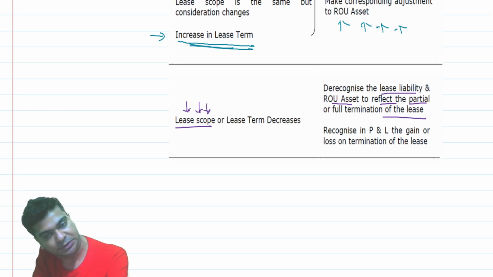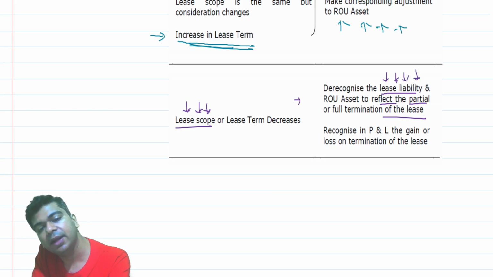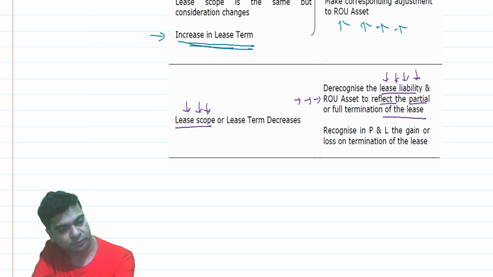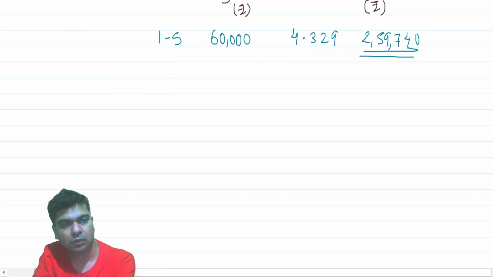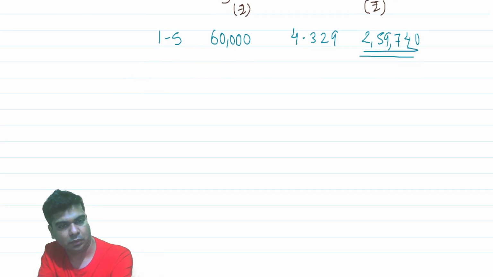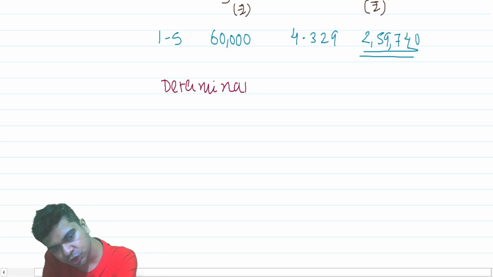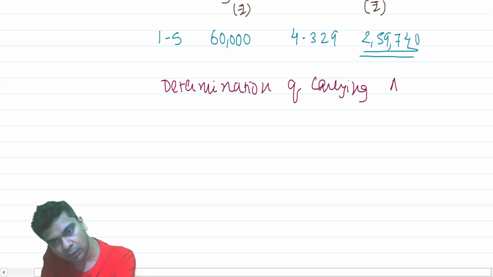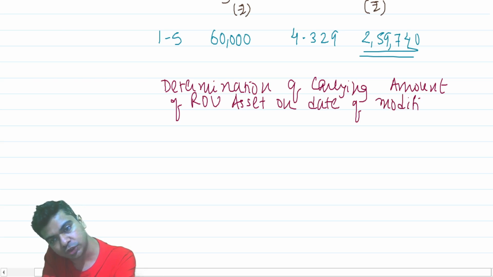So let us see this. We have to derecognize a part of the lease liability. You have to also derecognize a part of the ROU asset. We say determination of carrying amount of ROU asset on date of modification.